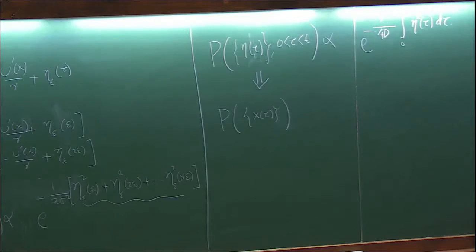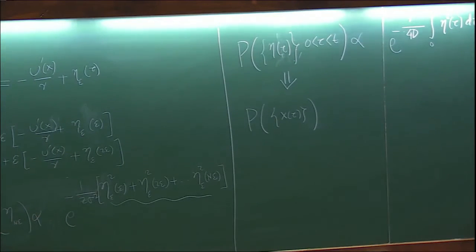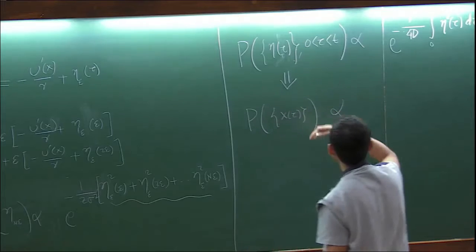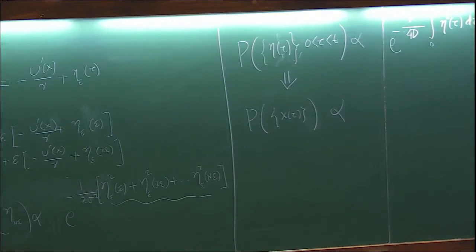As you saw from these equations, I can go from one variable to the other variable. Because x0 is given, if you give me all these etas, I can tell you what the x's are at various times. So I can go from the noise realization to the x variable, and I am going to use this equation.